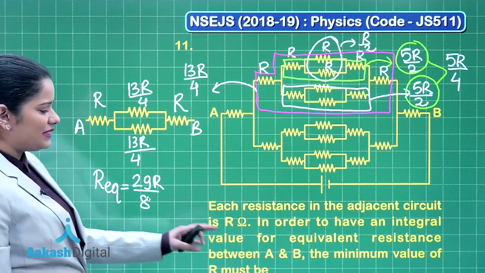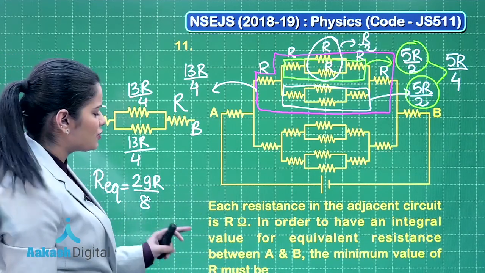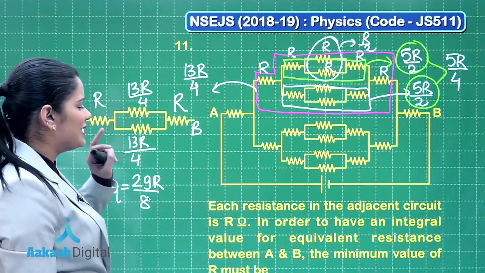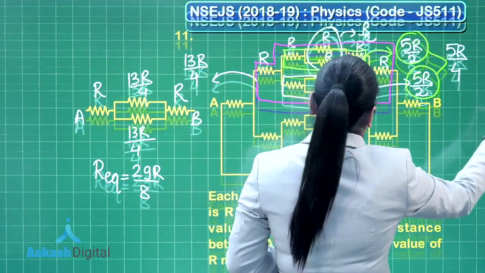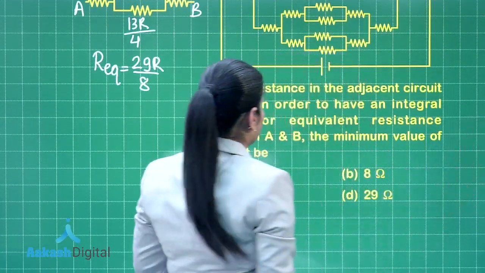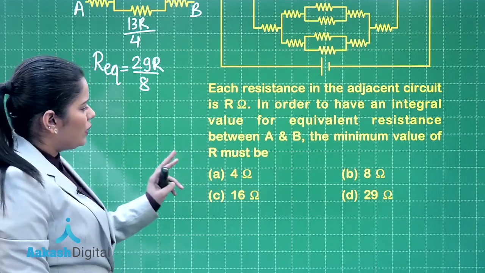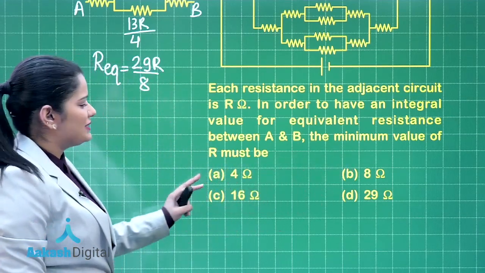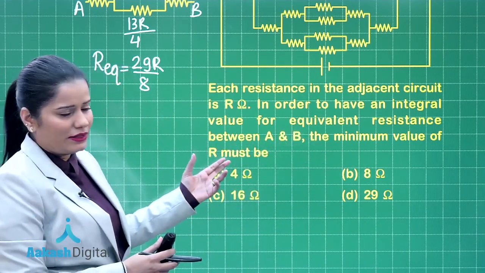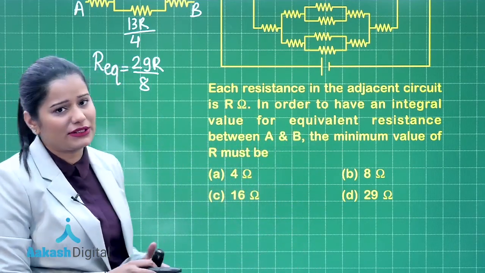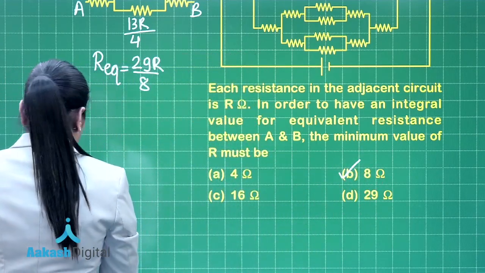Now, as per this question, we need to find the minimum value of R so that the equivalent resistance can have an integral value. If you have a look at the options, you can clearly see that R equivalent will be integral only for option B and option C, and if we need to choose the minimum value, the correct option is option B, that is 8 ohm.